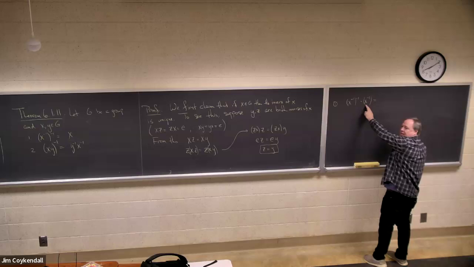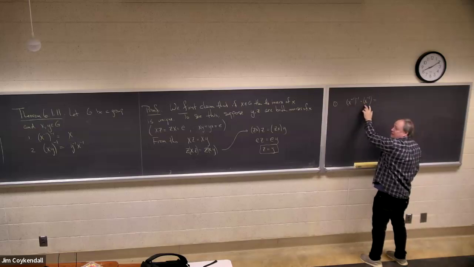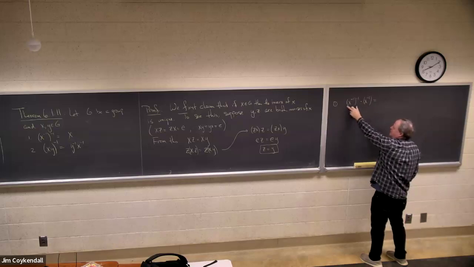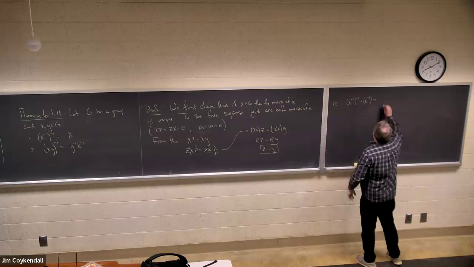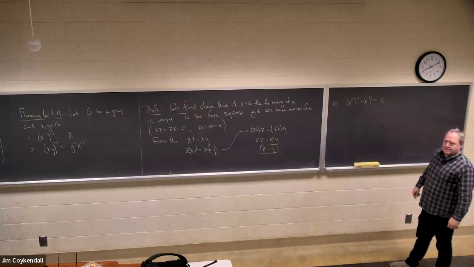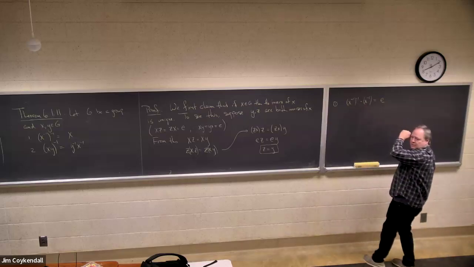This is the identity of G, because what this says is here's Fred and here's the inverse of Fred, right? That's what X inverse means. This is the identity, right? And it doesn't matter what side I put that on, right?